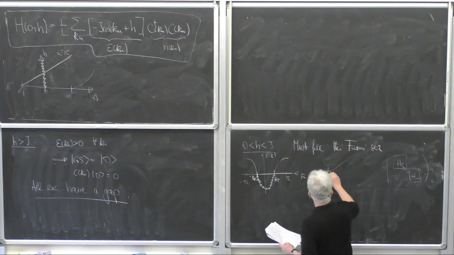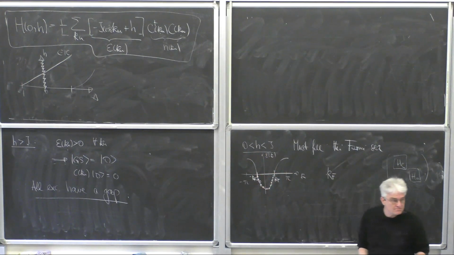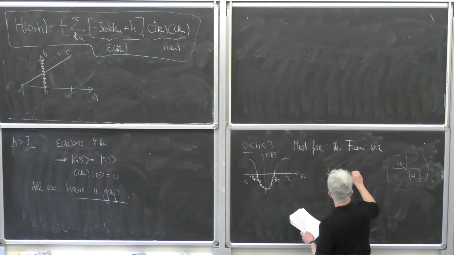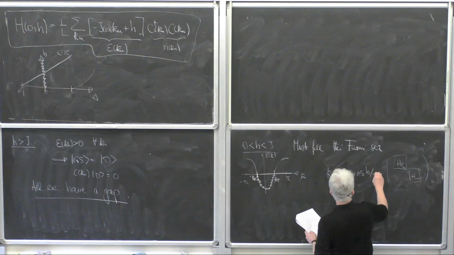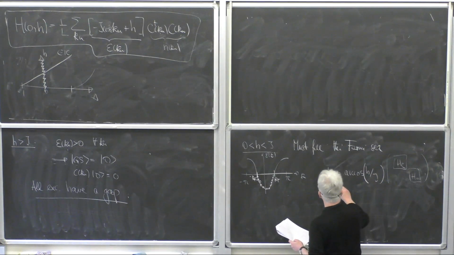So kF is obtained by epsilon of kF equal to 0. Yeah, so that tells me kF is arccos h over J. So that's the Fermi momentum.